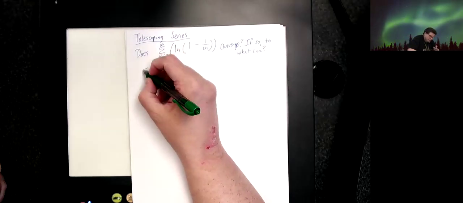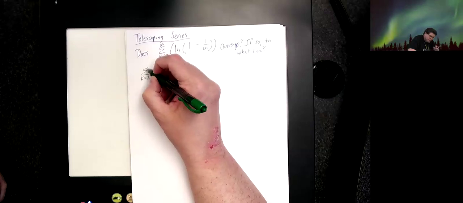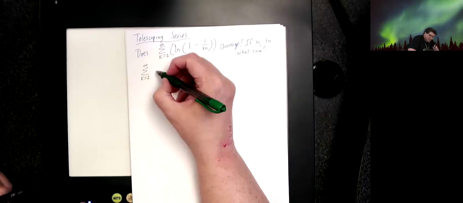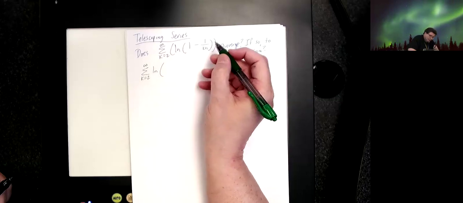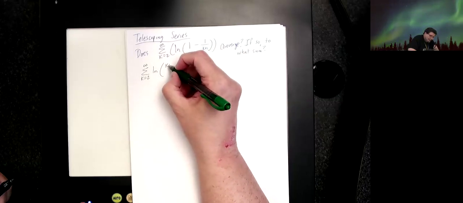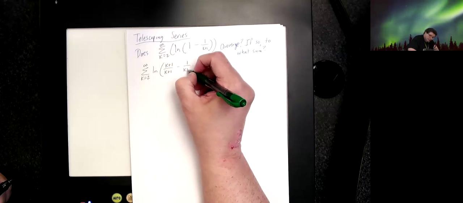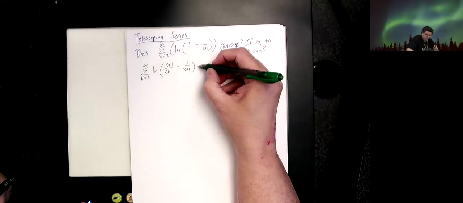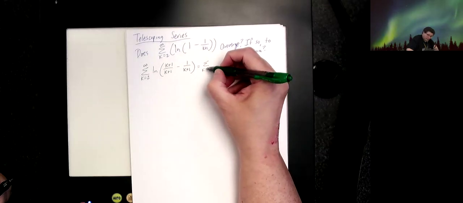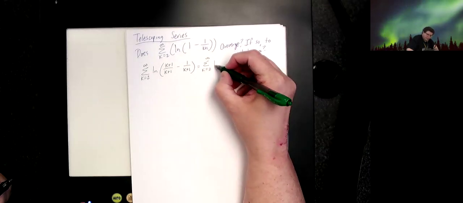So what we're gonna do is a little bit of algebra, a little bit of manipulation here. This is the natural log of, I'm gonna change that 1 to get a common denominator with the other fraction. And now we'll combine those two fractions.